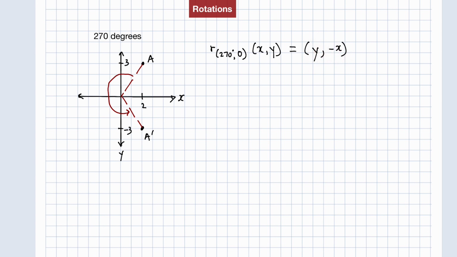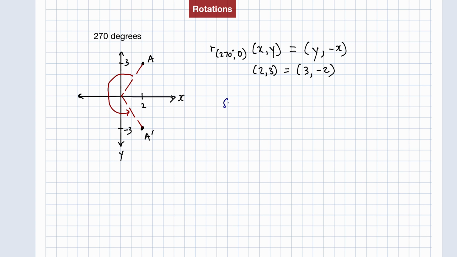So for example, let's take a look at point A. Point A is again 2 comma 3. If we rotate that, that's going to be 3 comma negative 2. Again, to avoid making potential mistakes, I'm going to give you a 3-step process.